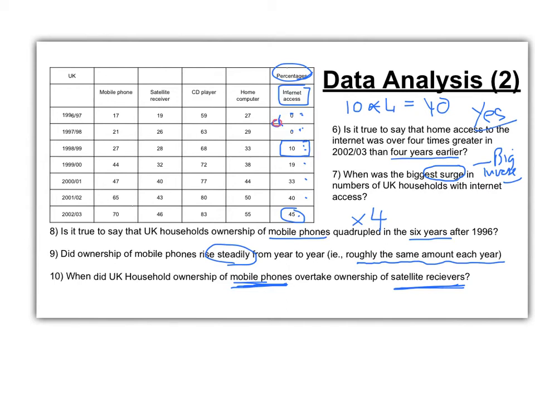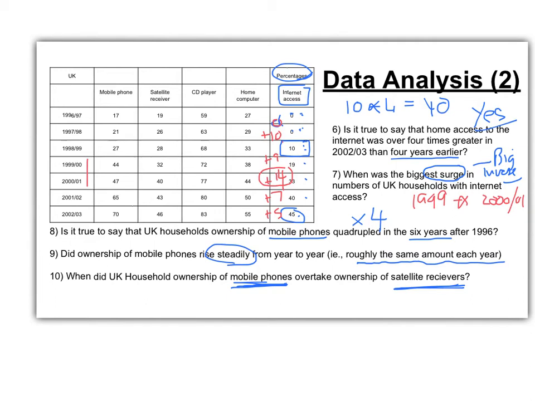That's 0. 0 to 10 is an increase of plus 10. 10 to 19 is an increase of plus 9. 19 to 33 is an increase of 14. 33 to 40 is an increase of 7. 40 to 40 is no increase. So when was the biggest number increase? That was between 1999 and 2001. Brilliant, so that's that one.